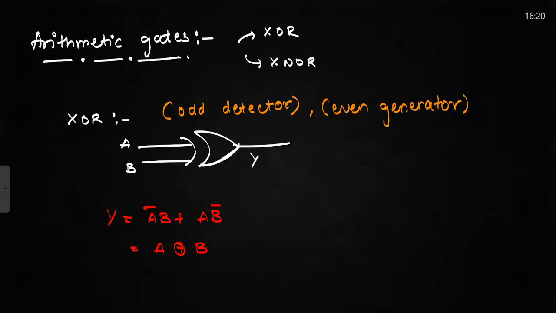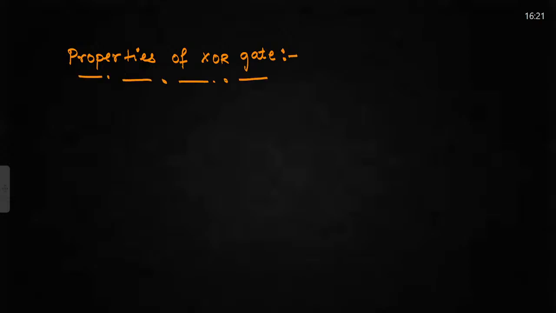Now, what are the properties of XOR gate? We will learn this. If I am writing A XOR A, then that will be equal to 0. And A XOR A bar, that will be equal to 1.